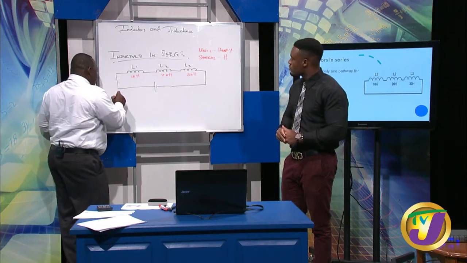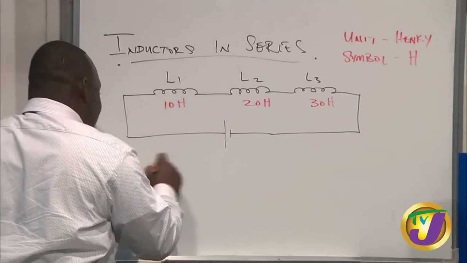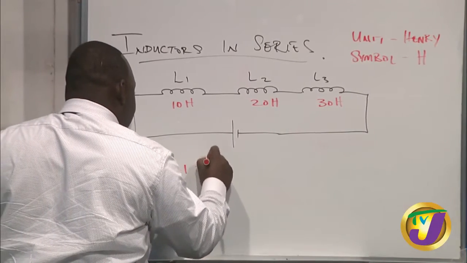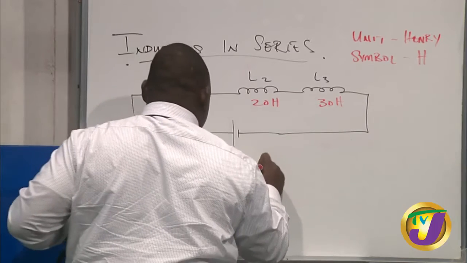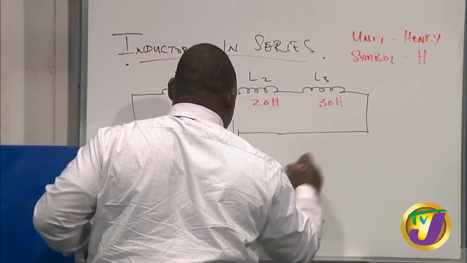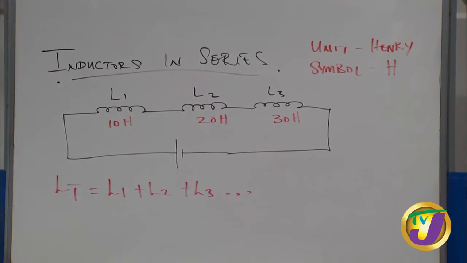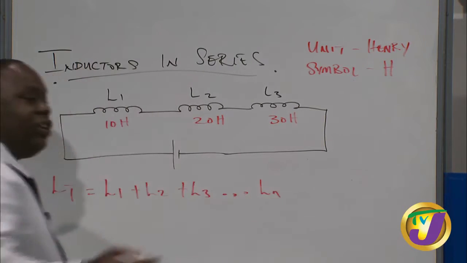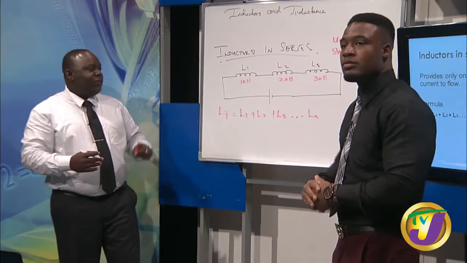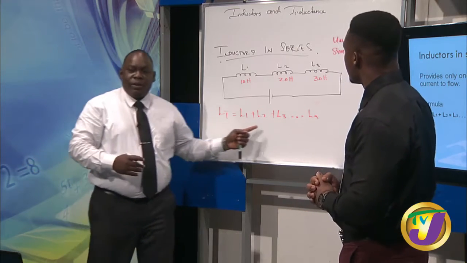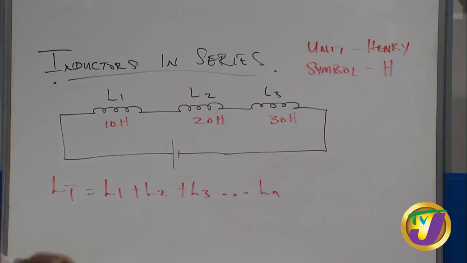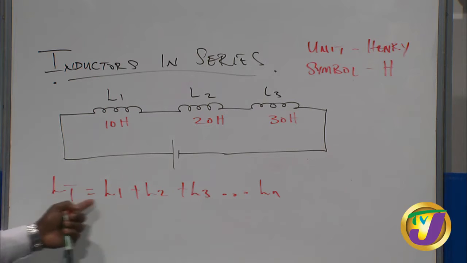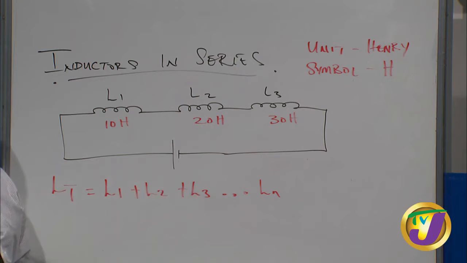Now, as Mr. Green mentioned earlier, LT would be equal to L1 plus L2 plus L3. It doesn't matter how many inductors you have. It could carry on until you have even 1,000 inductors. To find the total inductance, you simply use this formula by adding them. So in working it out, LT equals L1 plus L2 plus L3.